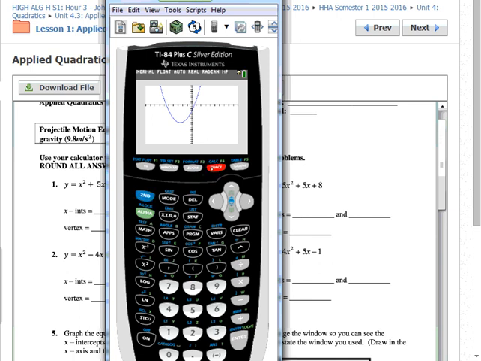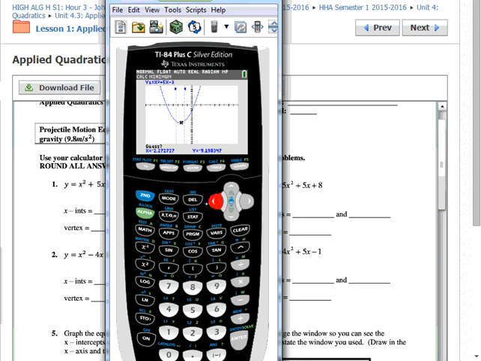Second, calculate the vertex, which is a minimum in this case. And I go to the left of it. And once I get to the left of it, I set that as my left boundary. Enter. I go to the right of it. And I hit enter. And then I go, guess where it is.